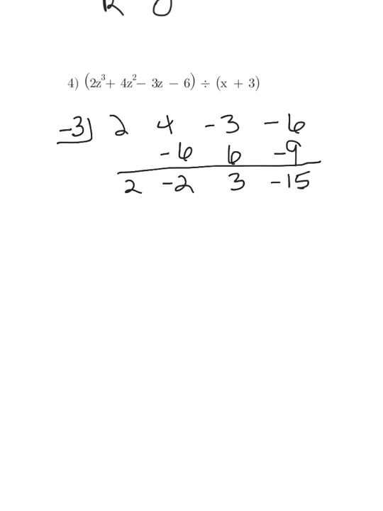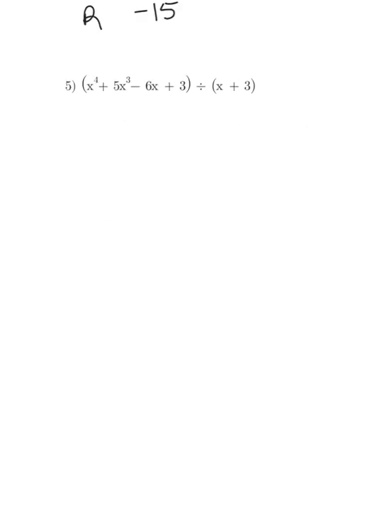So this is the first example in which we have a remainder. This means that our quotient is 2z squared minus 2z plus 3, and our remainder is -15.